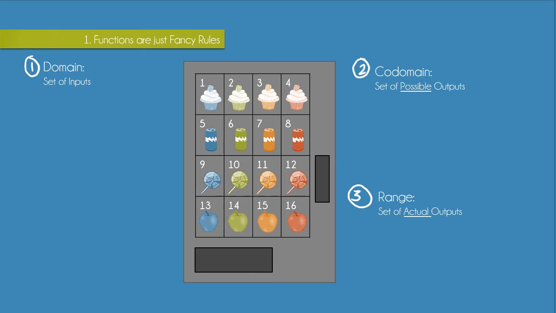Well, the domain is the set of inputs to our function. So what are the inputs to this vending machine? Well, as you could see, I could input any of the numbers from 1 to 16 into my keypad. So that's my domain. It's the set of whole numbers from 1 to 16 inclusive.